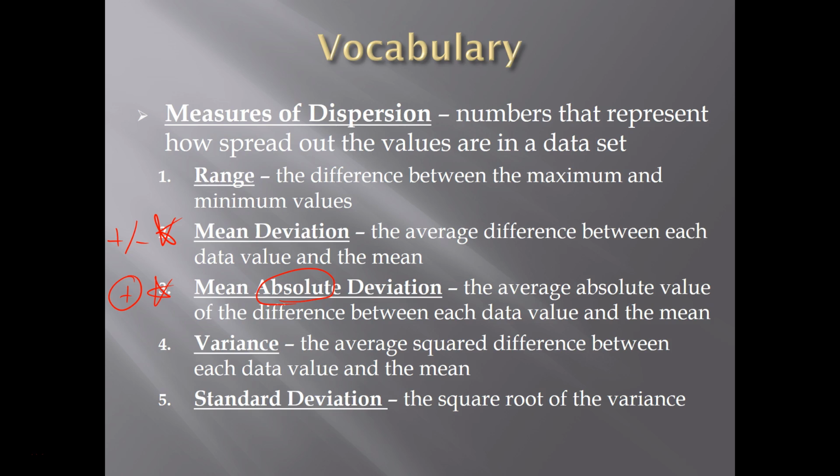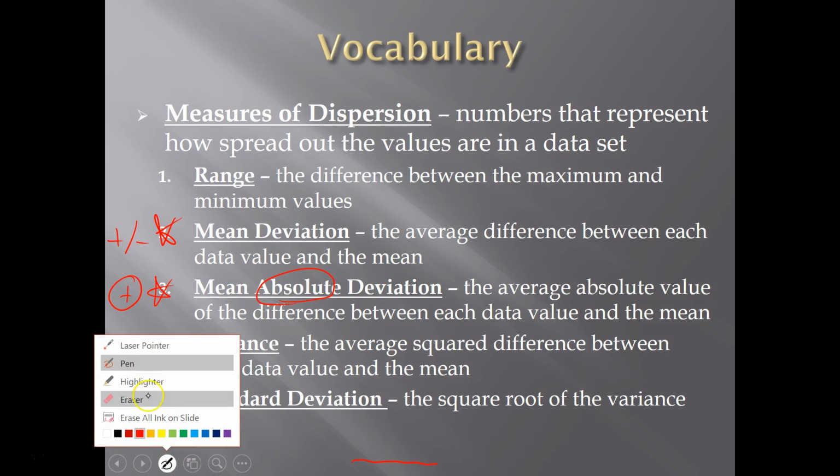The variance is the average squared difference between the data values and the mean. All right, so that's kind of like taking the mean deviation, which is the average distance between the data value and the mean, and then squaring it. All right, so you're taking this average distance and you are squaring it.